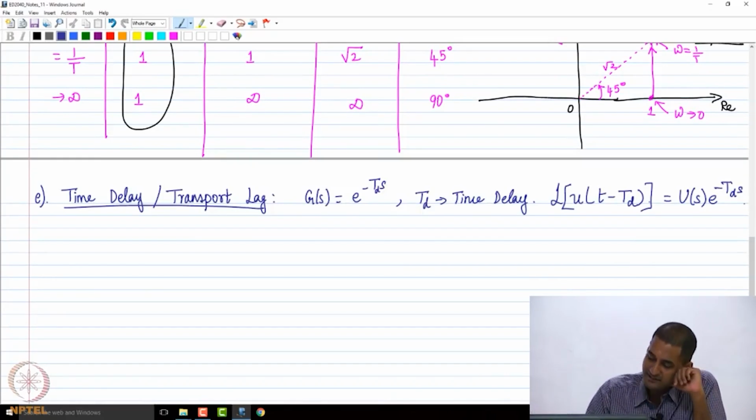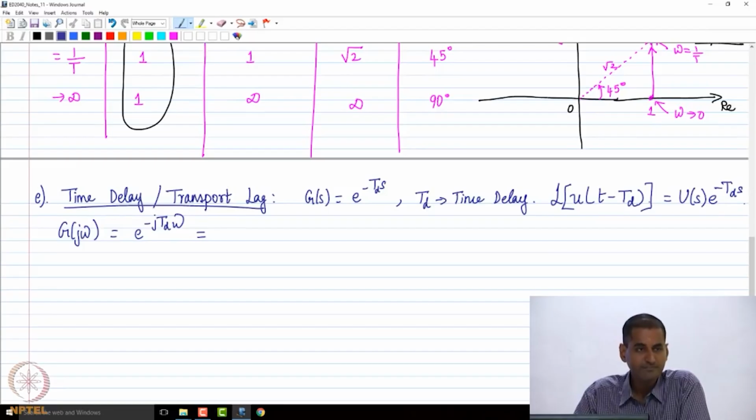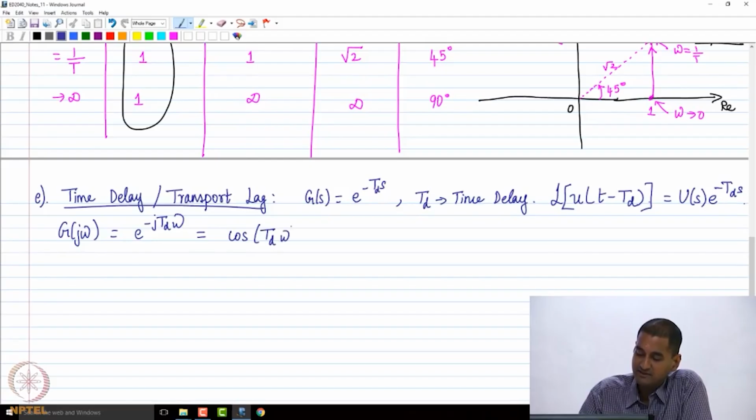Let's construct the Nyquist plot for this. So what will happen to G(j omega)? This will become e to the power minus j T_D omega. And how can I rewrite this? This is cos(T_D omega) minus j sin(T_D omega).